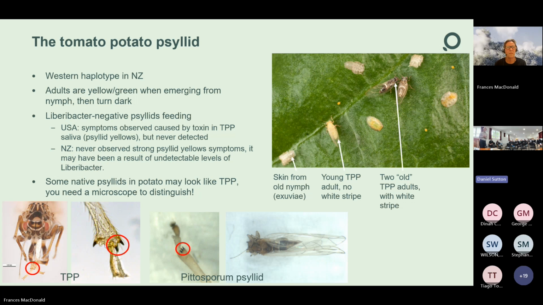One really important thing is that when the adults come out of the nymph, they are very pale. They are kind of yellow-green, and they don't have that stripe. Then they start to harden up, and about 3 days later, they will be that brown color and have the white stripe.